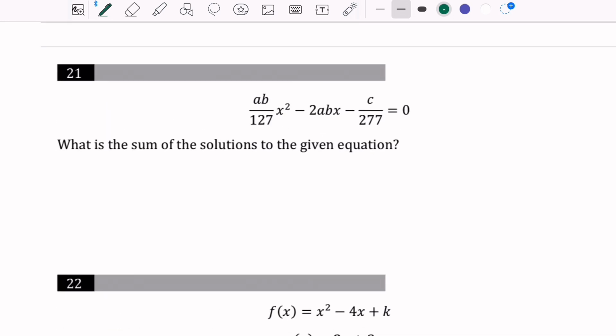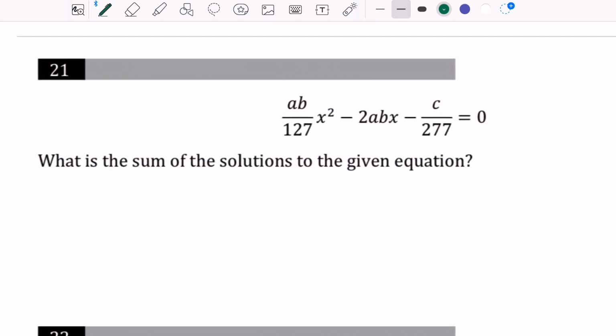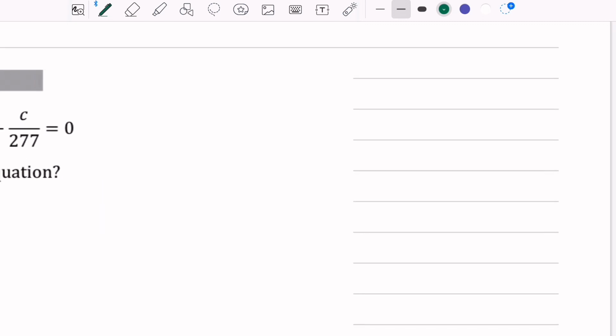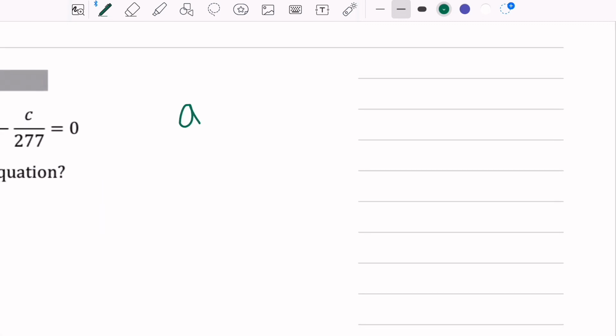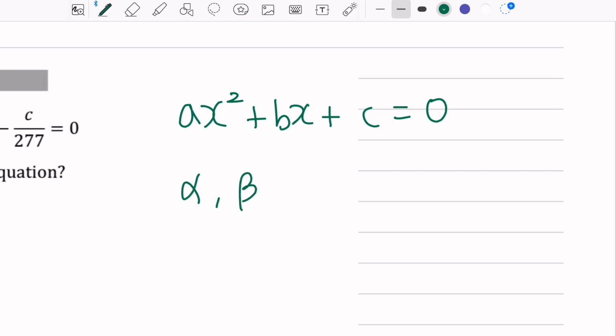Question 21. What is the sum of the solutions to the given equation? When there is a quadratic equation like ax squared plus bx plus c equals 0, let's say alpha and beta are the solutions of the equation.